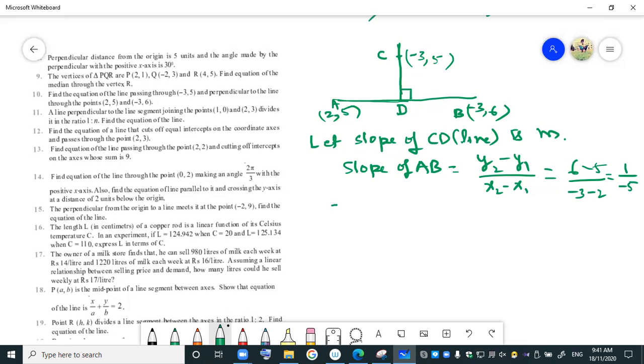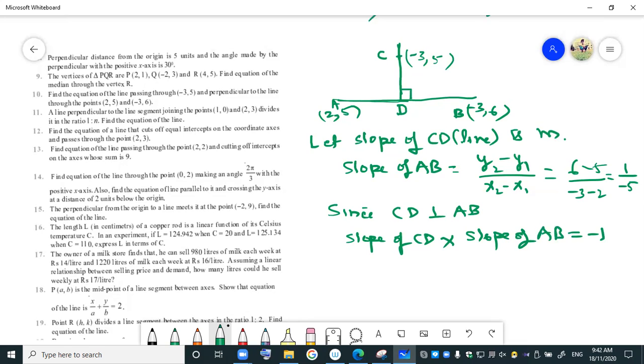Since CD is perpendicular to AB, the product of their slopes, slope of CD into slope of AB, will be equal to minus 1.